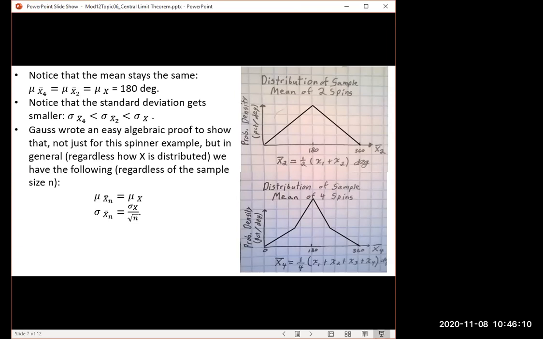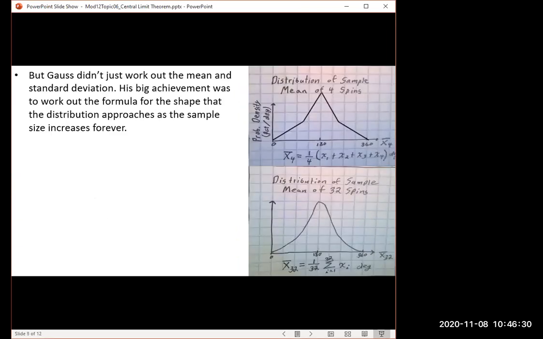And so the standard deviation of x bar n equals the original standard deviation of x divided by the square root of n. But Gauss's big accomplishment was to go further, and he didn't just work out the mean and the standard deviation. He worked out a formula for the shape of the distribution as the sample size increases forever.